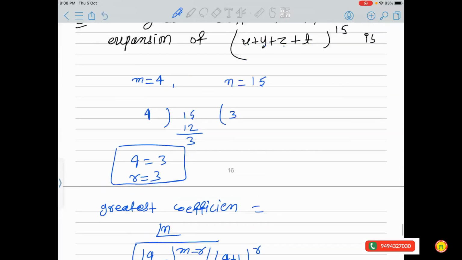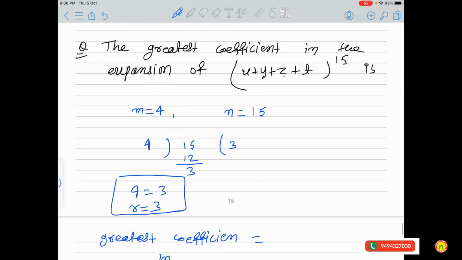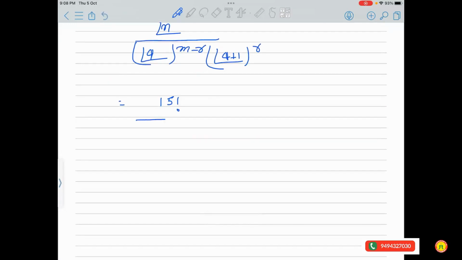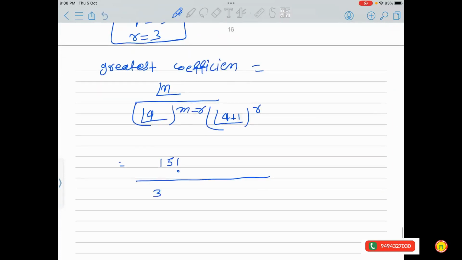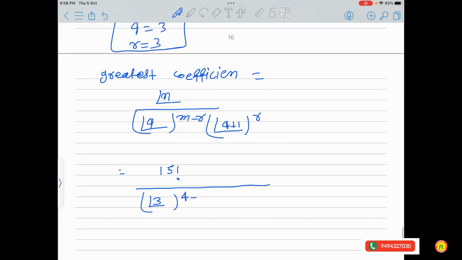So n factorial means 15 factorial, n is 15. q is the quotient, 3, so 3 factorial power m minus r, m is 4, r is 3. And q plus 1 means 3 plus 1, 4 factorial power r, r is 3.